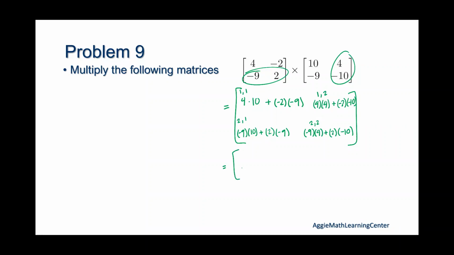So we'll have 40 plus 18, then 16 plus 20, -90 minus 18, and -36 minus 20.